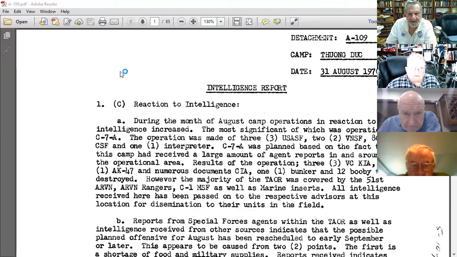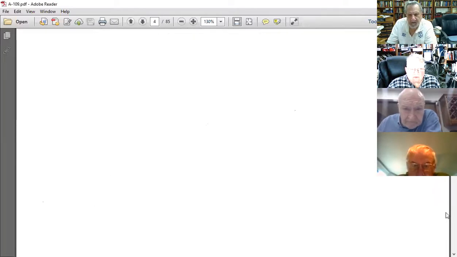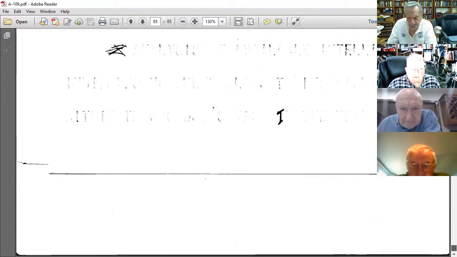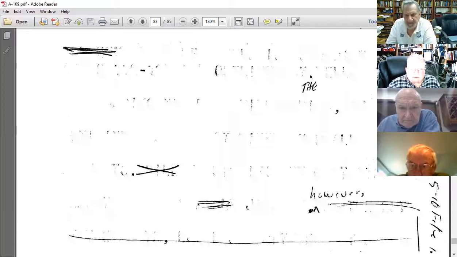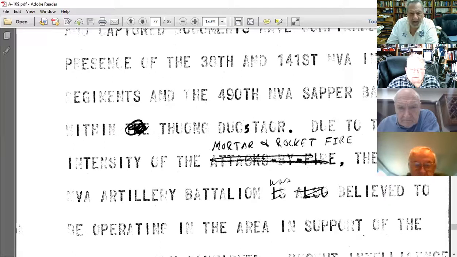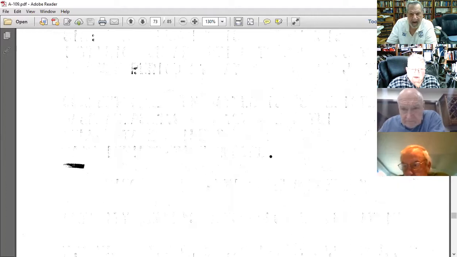I don't know how many pages this is. It doesn't really tell me how many pages it is. But this is just stuff out of the archives. Some is very bad, but it's virtually everything out of the archives I found on Thang Duc. Some briefing notes and after action reports.